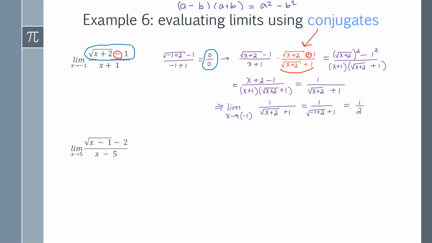Once we follow all the algebraic steps, we get the following expression. Notice that x plus 2 minus 1 is just x plus 1, and then these expressions cancel out. That's the whole idea here. When you multiply your function by the conjugate, if we do it carefully, we get cancellation of the term that causes the 0 in the denominator.